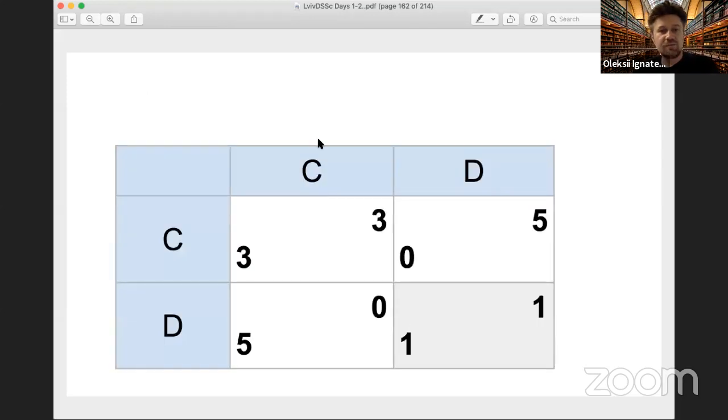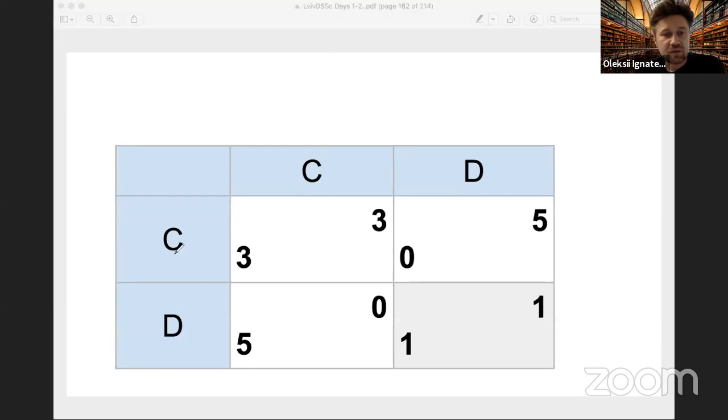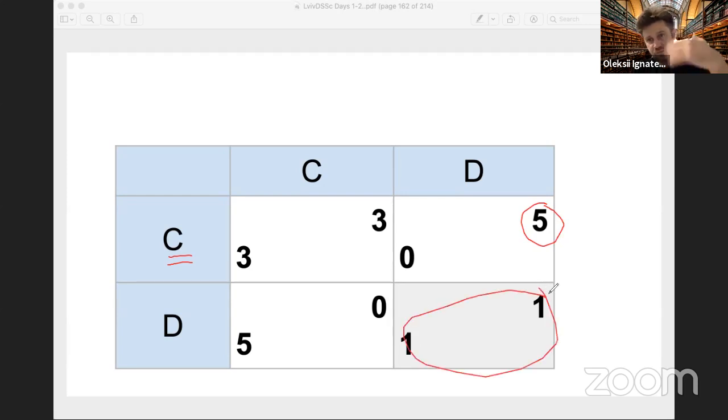Now, if we always cooperate, then let's calculate what the other player will get if he defects. If he defects, he will get 5 on the first step, and then he will always get 1 in every future game, because we use grim trigger strategy.